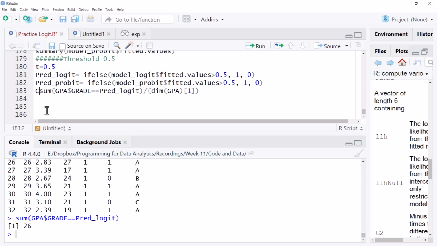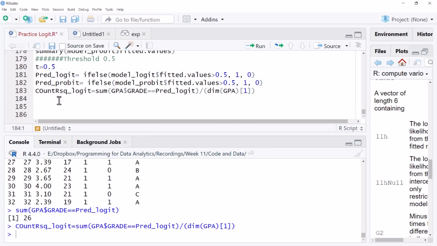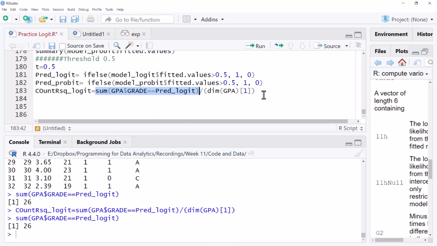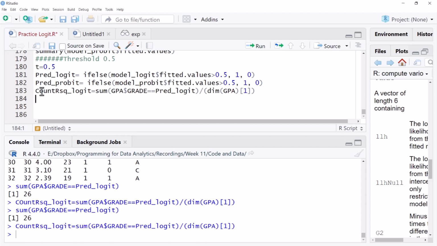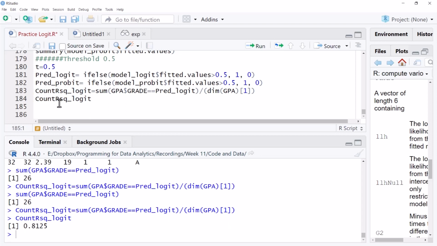So you can call this the count R square for logit. In case of logit, the correct predicted values were 26. The count R square, the measure that we are interested in, for logit shows 81% of values were fitted correctly.